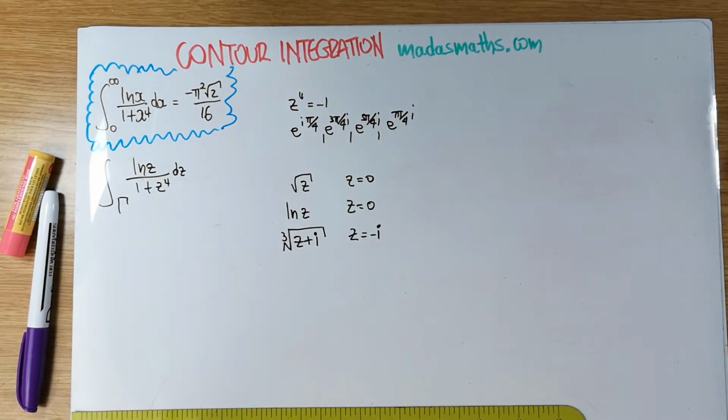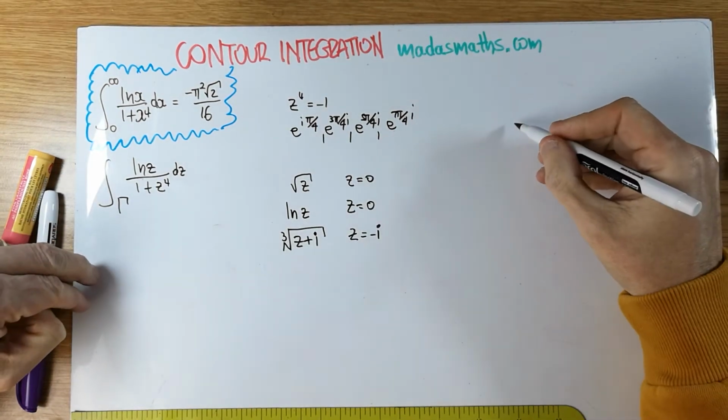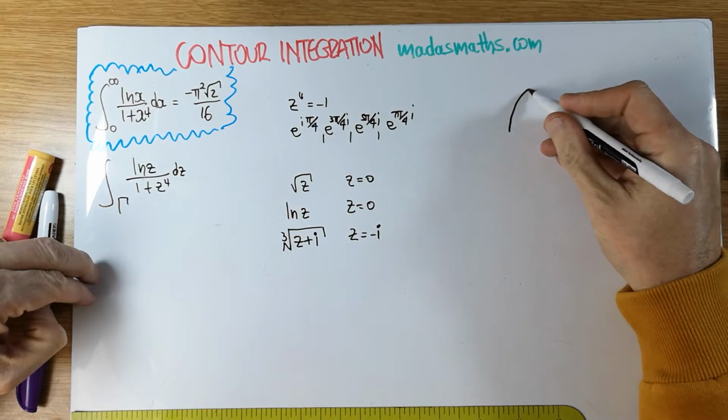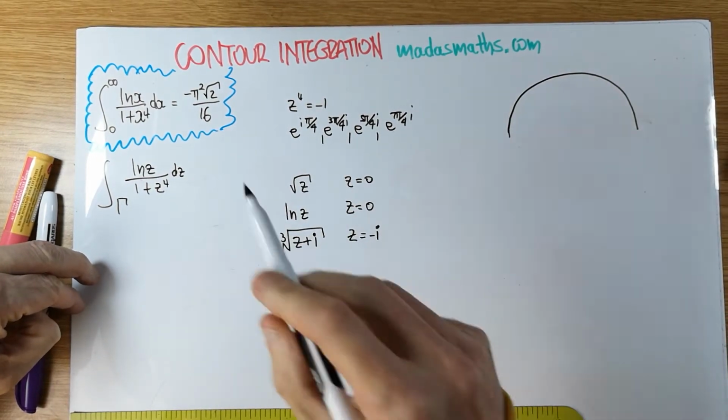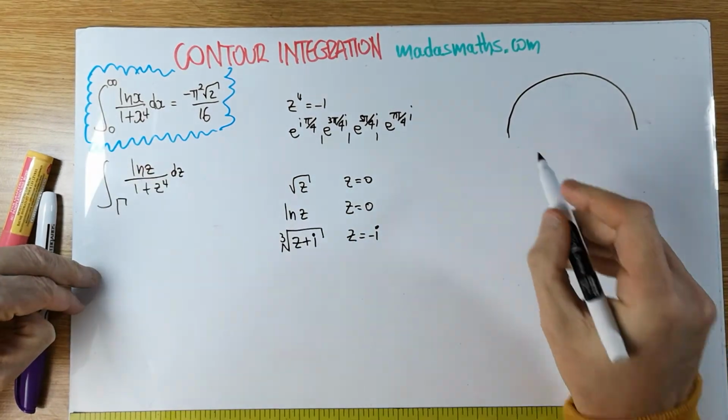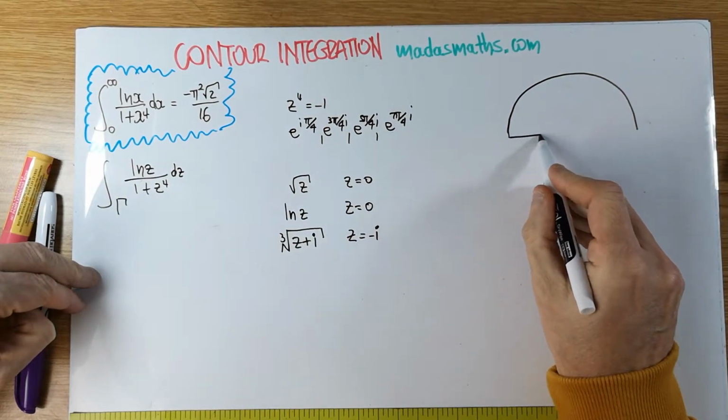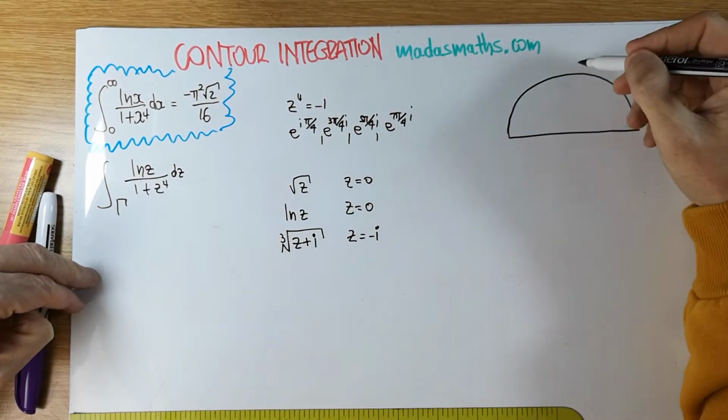So let me just draw the contour that we're going to be using. It's going to be a semicircular contour. This is where the 0 to infinity will come from, but now we're going to have a little problem.